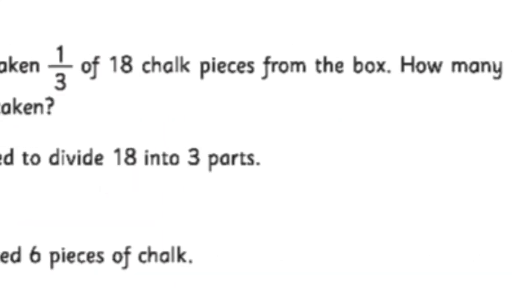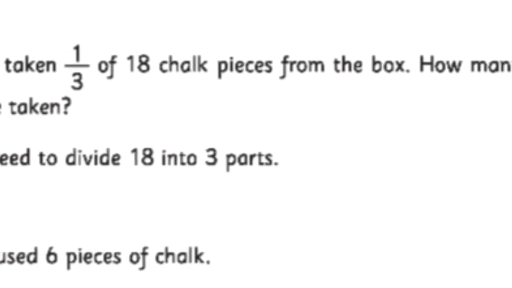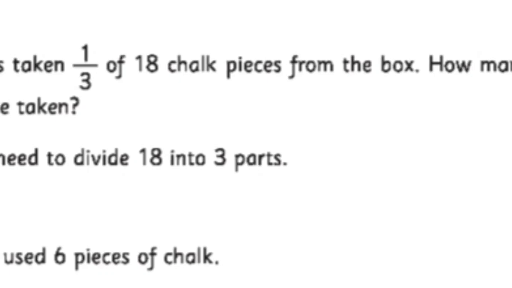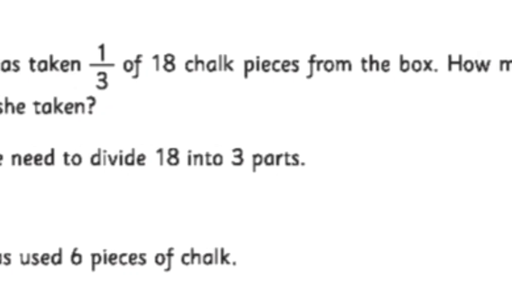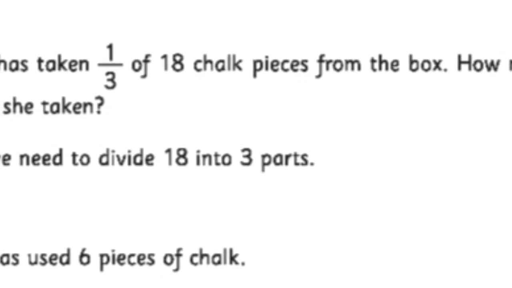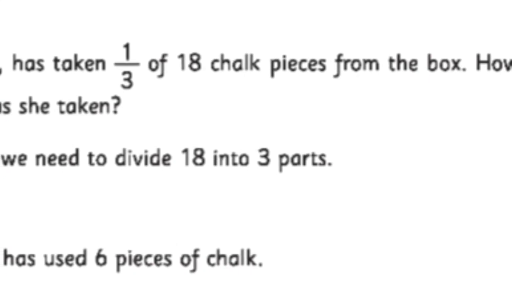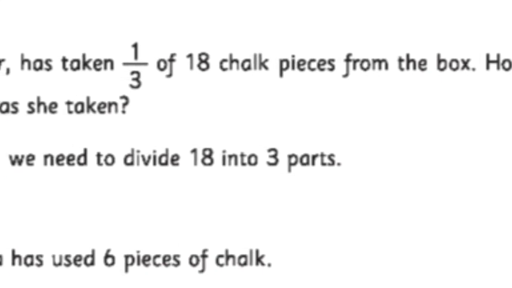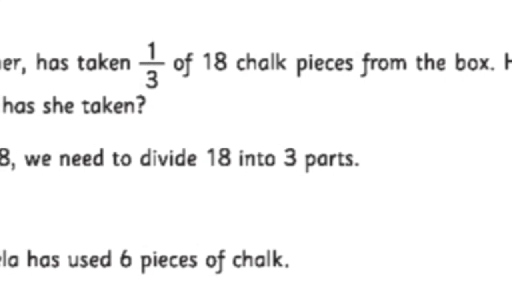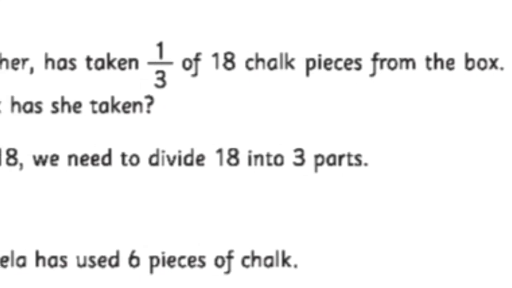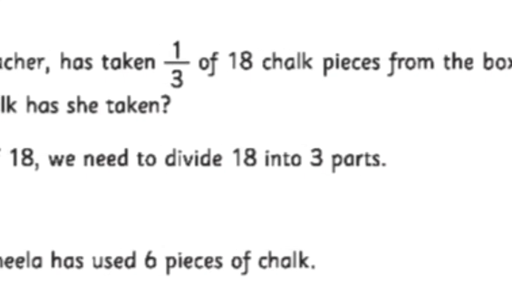From these 18 chalks, she has taken 1/3. That means these 18 chalks have to be divided into 3 equal parts because the denominator is 3. So, we divide 18 into 3 equal parts, that is 18 divided by 3. We know that 18 divided by 3 is equal to 6. Therefore, Sheila has taken 6 pieces of chalk.